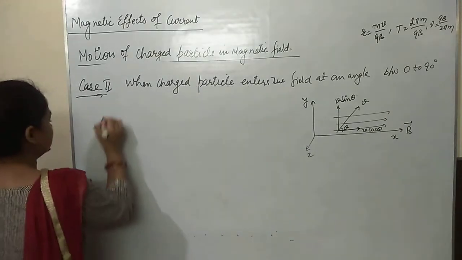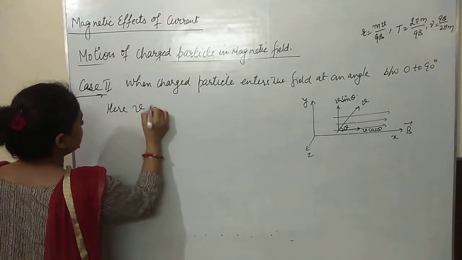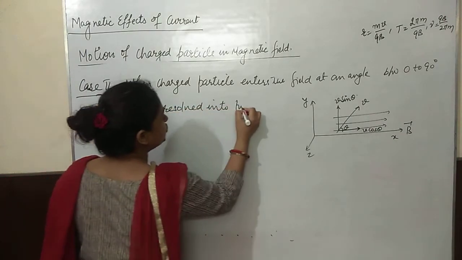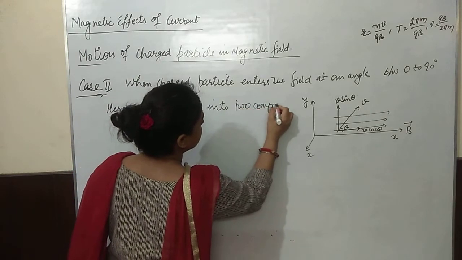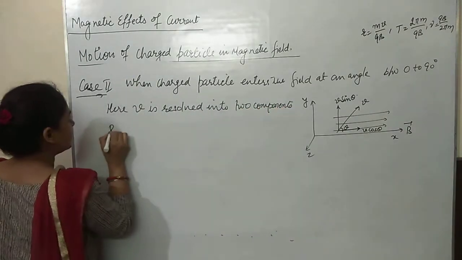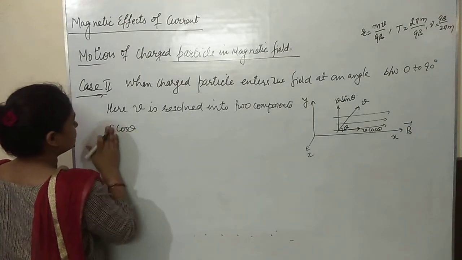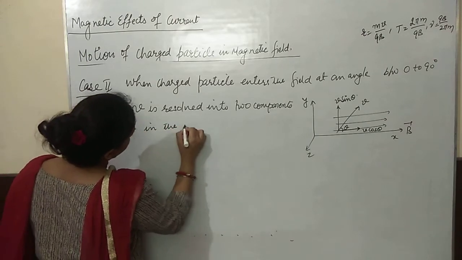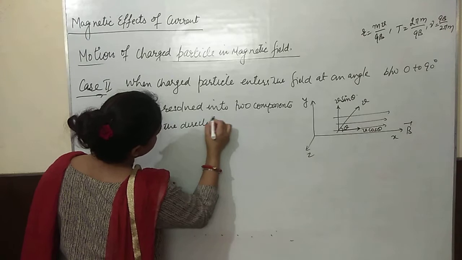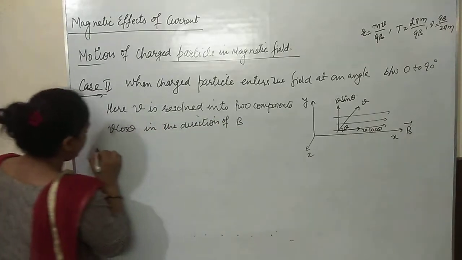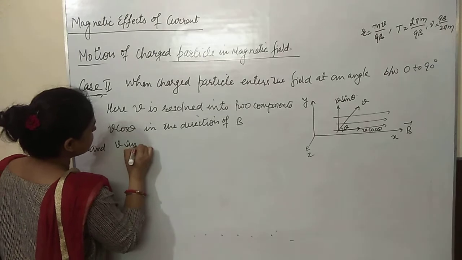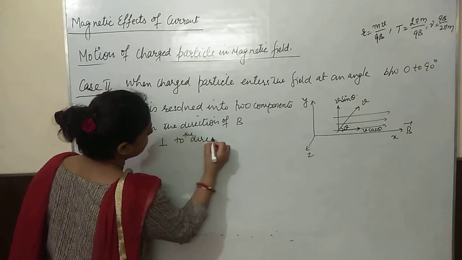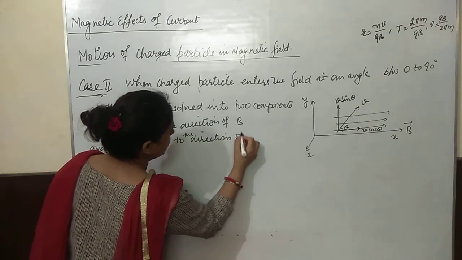So what we have done here: the velocity is resolved into two components, velocity v cos theta in the direction of B and v sin theta perpendicular to the direction of B.